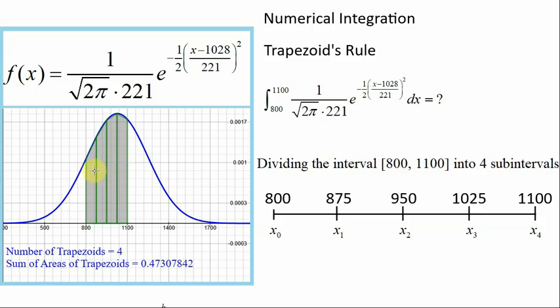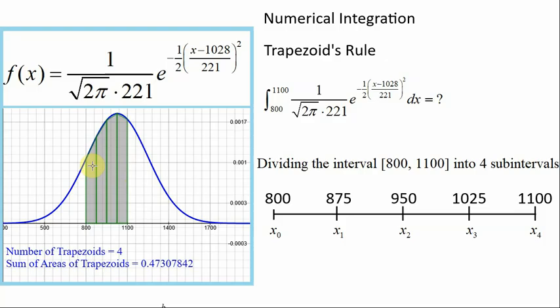Then we find the area of each trapezoid and add the areas of the 4 trapezoids together. That will give us an approximation for this shaded region, which represents the percentage of SAT scores between 800 and 1100.